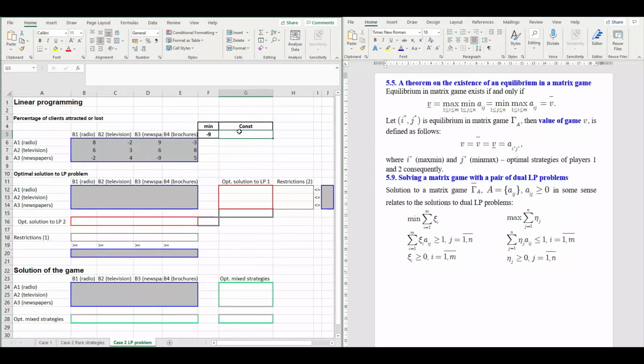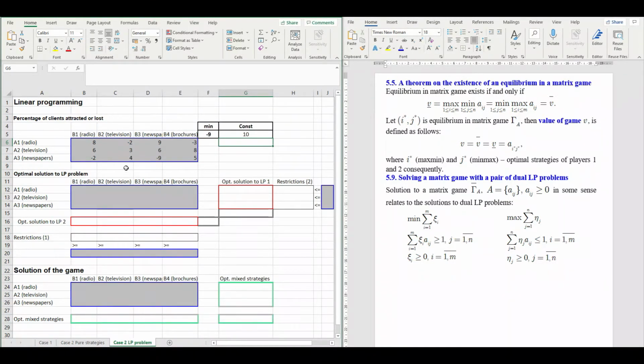Now let's consider a constant which we may add to all the elements. Let's take the absolute value of the minimum element of our matrix and add one to this absolute value. For us it doesn't matter, we may add 1, 2, 3, any number. We just need to find a new matrix without negative payoffs. As a result, our constant is 10.